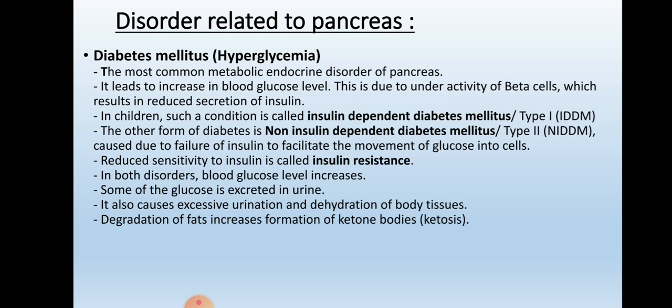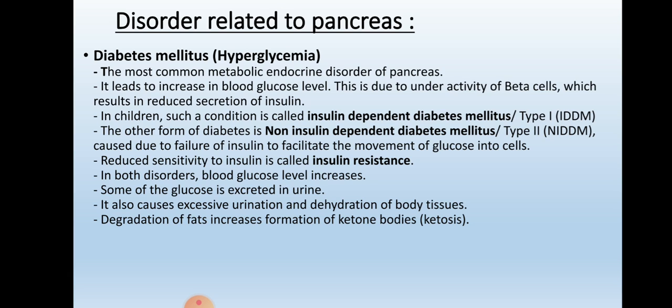But in type 2 diabetes, insulin is produced, but it is not functional. It is unable to facilitate movement of glucose into cells. Many times insulin sensitivity is reduced due to more and more secretion of insulin. This is called insulin resistance.